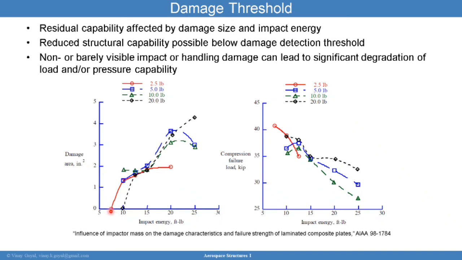So say take this point, which is almost no damage area, you get a high compression load capability. But as the impact energy is increased and the damage area is increased, then now you start to have a decrease in load carrying capacity, which means that compared to a pristine situation where there's no failure, there's a significant amount of strength degradation.